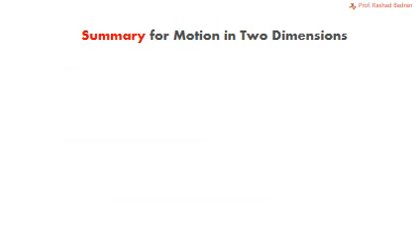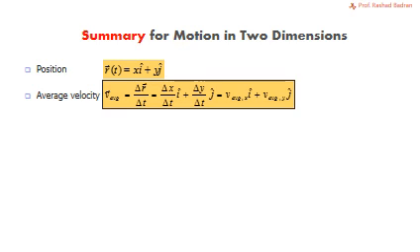To summarize the motion in 2 dimensions, the position vector may be defined as r equals x i hat plus y j hat. The average velocity is simply delta r over delta t, which consists of two components, one along the x-axis, that is delta x over delta t, called v average along the x-axis, and the other one is delta y by delta t, that's the average velocity along the y-axis.